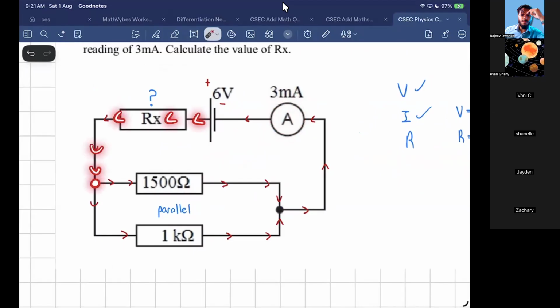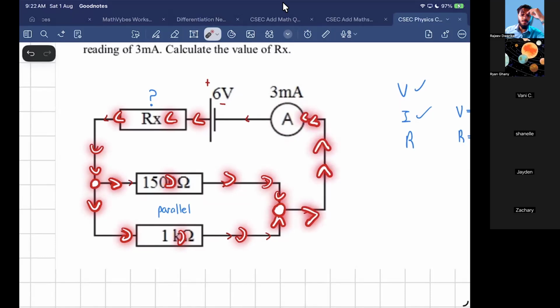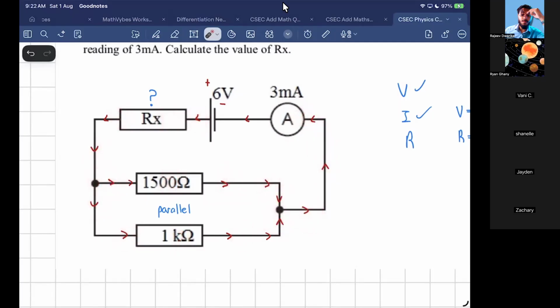When the total current reaches the junction, the total current is going to split. When the split current reaches this junction, they're gonna add back, and it's going to be total current again. So that 3 milliamps, is that the total current, or is that like a fraction of the total current?